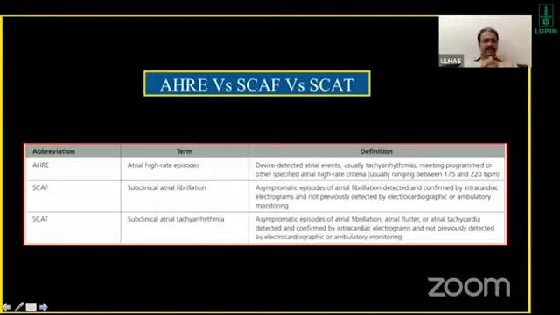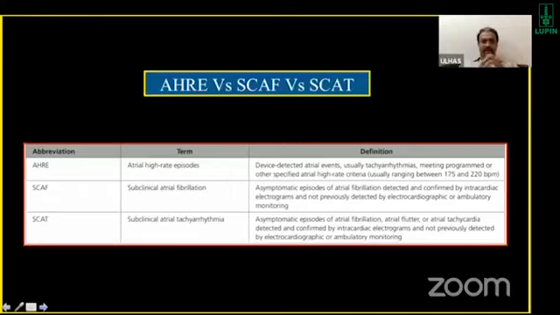There's another way of defining the so-called atrial fibrillation episode during monitoring, by a term called SCAF, which is known as subclinical atrial fibrillation. It is better than AHRE in the sense that whenever you say subclinical atrial fibrillation from the device, you have yourself looked at that event and corroborated that it is an atrial fibrillation.